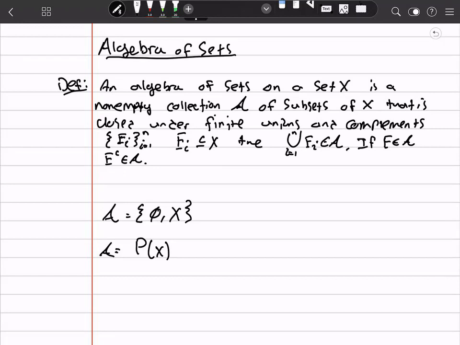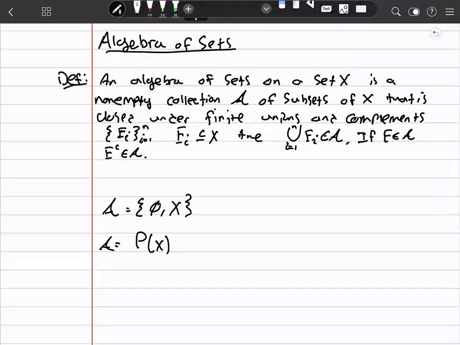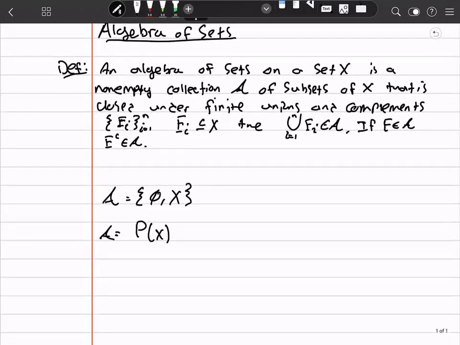But for our purposes, what we really want is a sigma algebra. A sigma algebra comes from strengthening one of our conditions. So what is that? In a sigma algebra, we require that A is an algebra, or we'll call it M in this case.